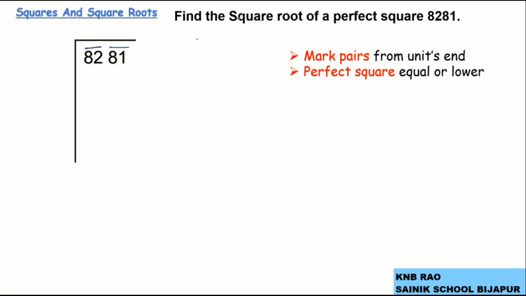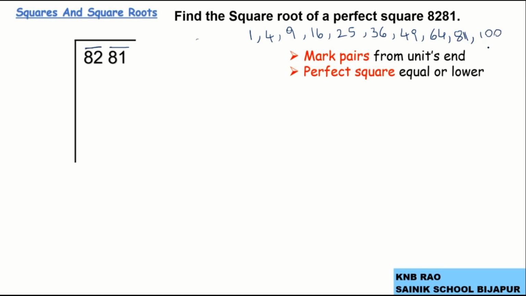For this 82, among the perfect squares, we know the perfect squares 1, 4, 9, 16, 25, 36, 49, 64, 81 and 100.